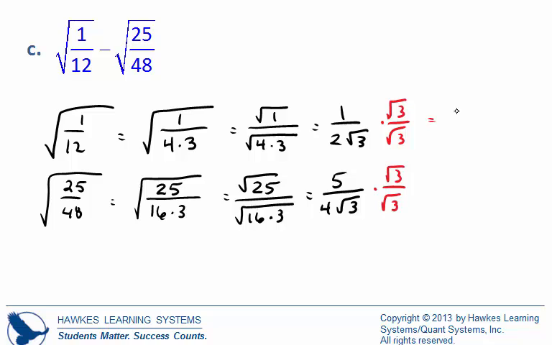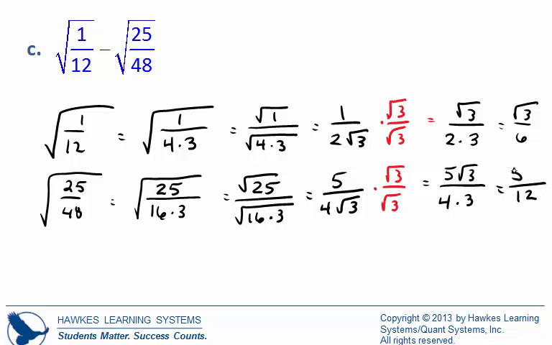So on the top one we have the square root of 3 over 2 times square root of 3 times the square root of 3 is 3. So we have the square root of 3 over 6. On this one we're going to have 5 on the square root of 3 over 4 times 3. So that's going to give me 5 on the square root of 3 over 12.